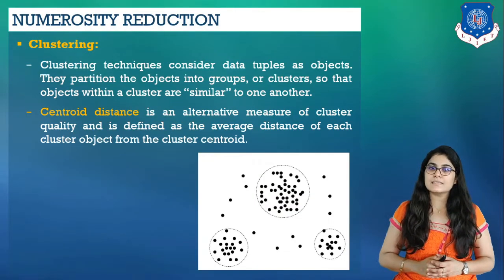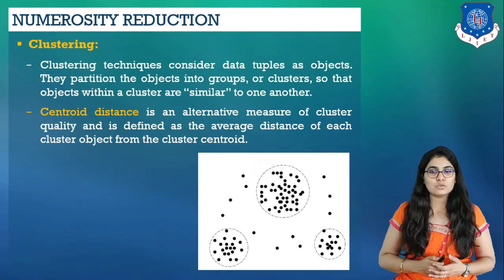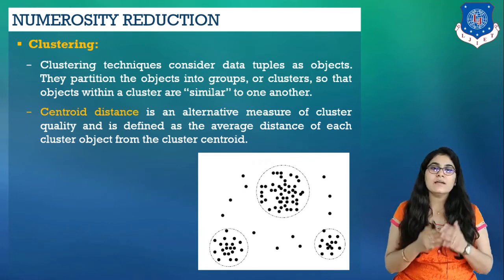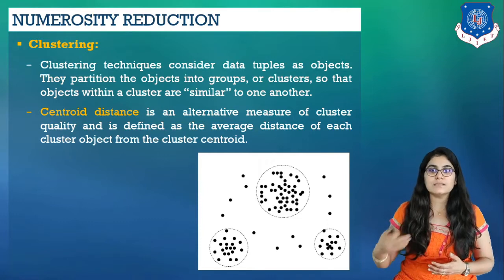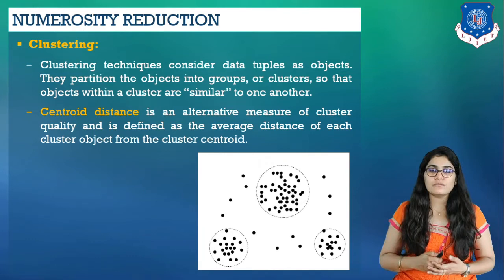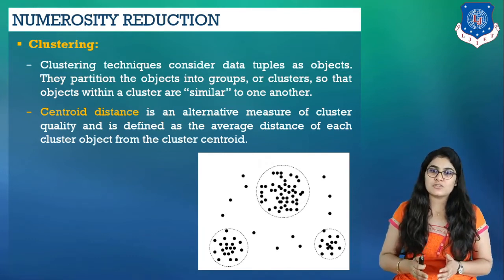Clustering techniques consider data tuples as objects. They partition the objects into groups or clusters so that objects within a cluster are similar to one another and dissimilar to objects in other clusters. Similarity is commonly defined in terms of how close the objects are in space, based on a distance function.